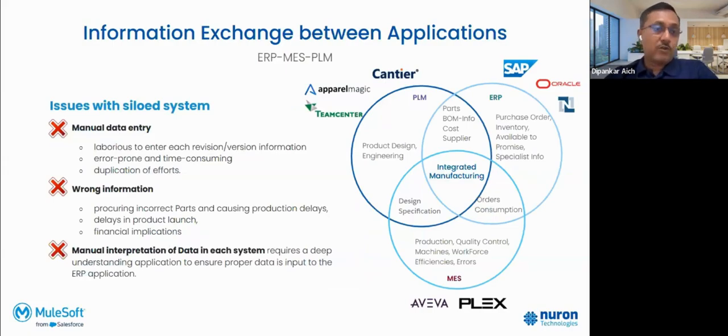You can end up procuring incorrect parts and causing production delays, overall impacting the productivity and efficiency that Farhan and Ahsan were mentioning earlier about the core challenge around manufacturing. So let's see now how integrating these systems helps solve these problems in the next slide.